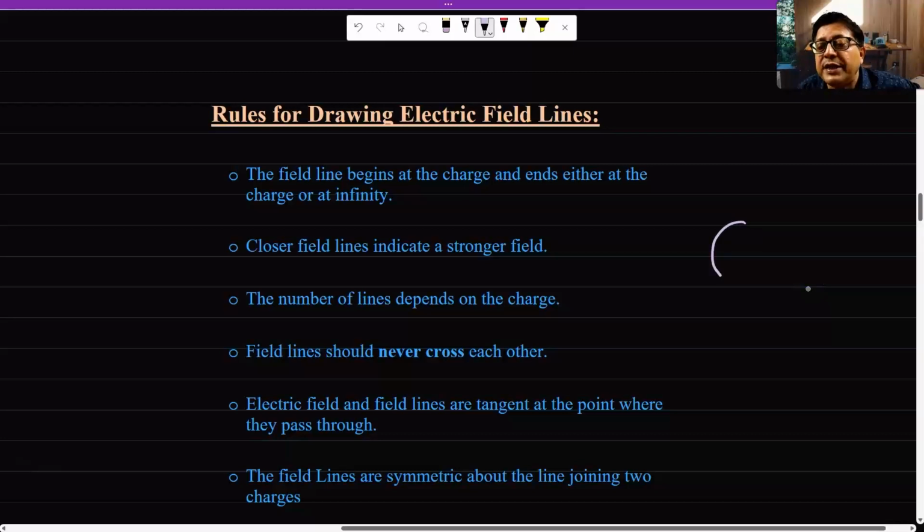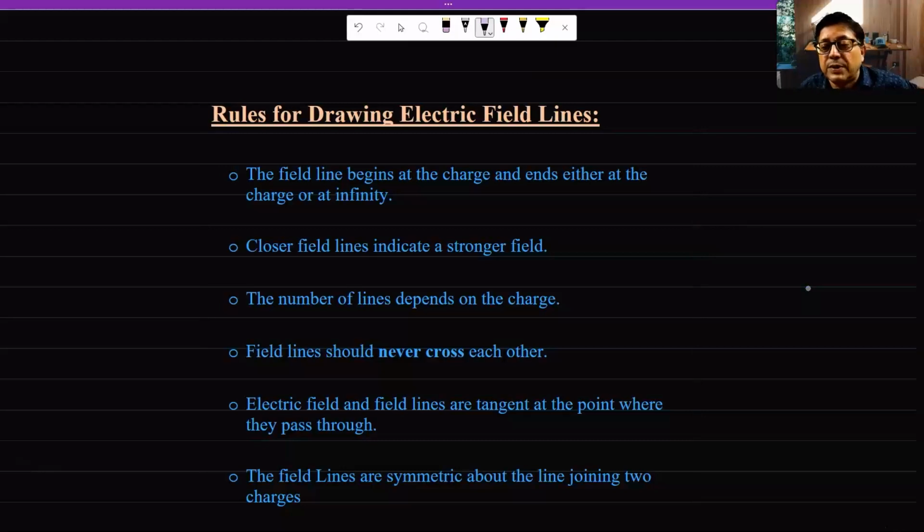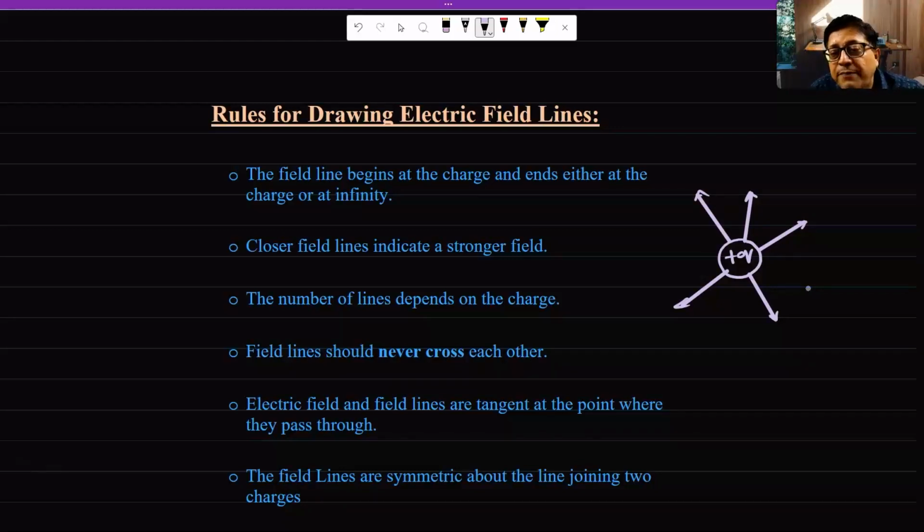What is the meaning of this? Suppose you are taking a positive charge here, plus Q, and drawing field lines due to this. As many as possible we will draw. Then I will explain how closer field lines indicate a stronger electric field in a region of space.